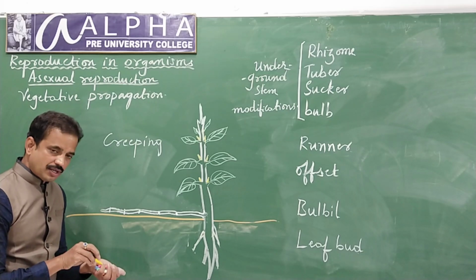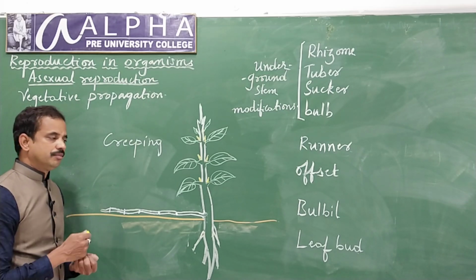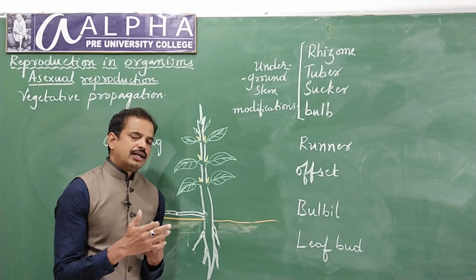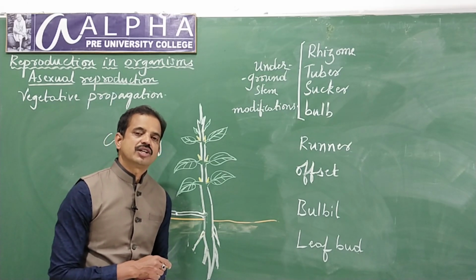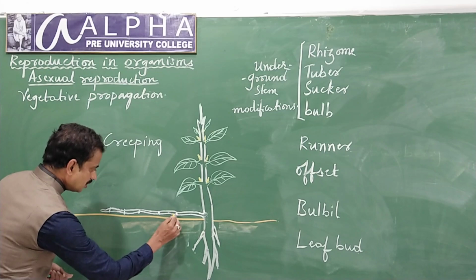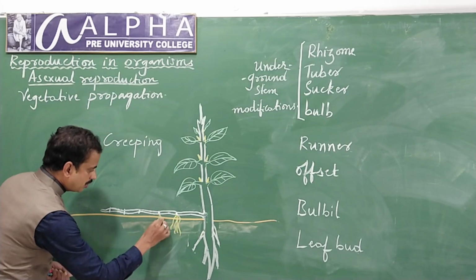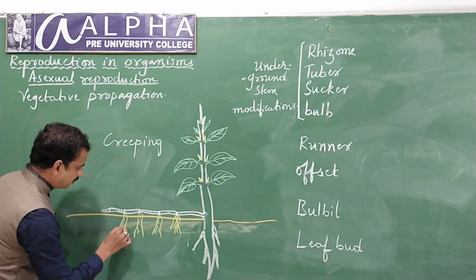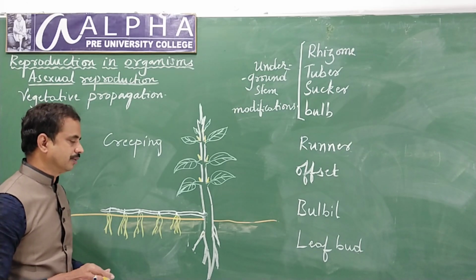As I explained in my previous class, sometimes even aerial parts of the plant body can produce roots, and we call these roots adventitious roots. So these nodal points will give rise to adventitious roots towards the soil, helping the plant absorb nourishment from the soil.